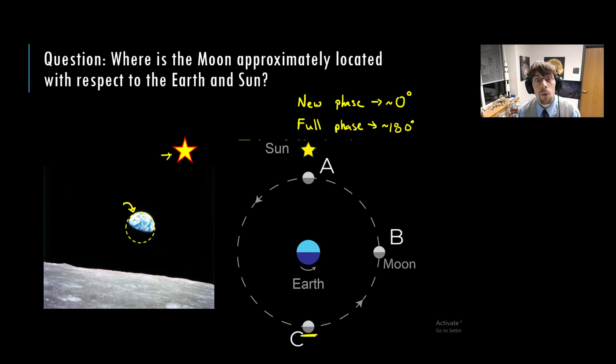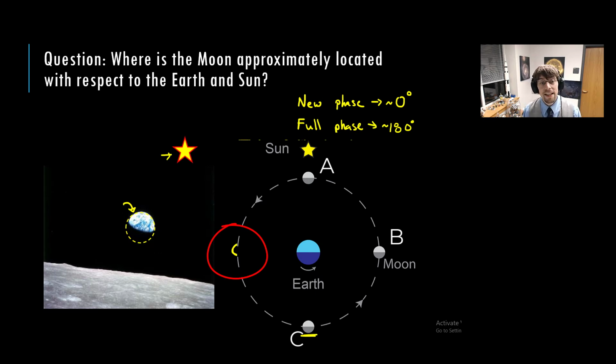Corollary question. Where is the first quarter position of the moon? Yeah, you got it. Third quarter is 3/4 of the way around. First quarter is 1/4 of the way. That means the moon would be over here on the right-hand side. Again, what's the angle? Yeah, 90, good.